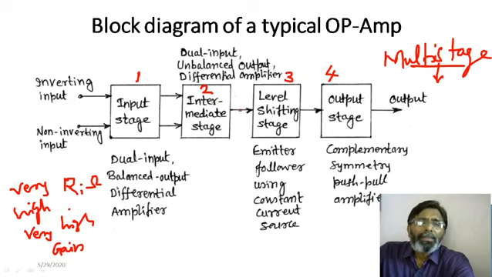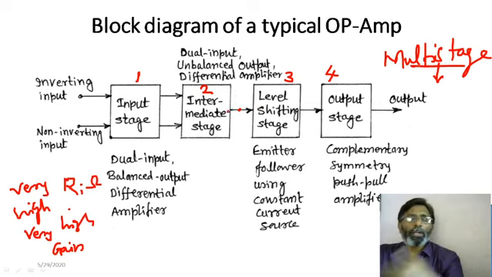Then we could take this output directly as the final output, but we can't, because at this stage, if we take the output at one of the collectors of the transistor, it will have some DC level associated with it because of the biasing supply. This DC level will act as an error when we want to amplify DC. So we have to bring that unwanted DC level to 0.